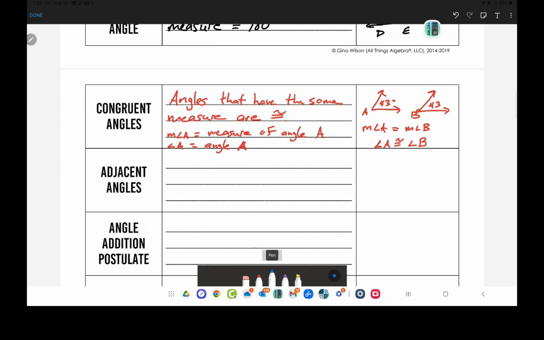All right, adjacent angles: two angles that share a common side and vertex.